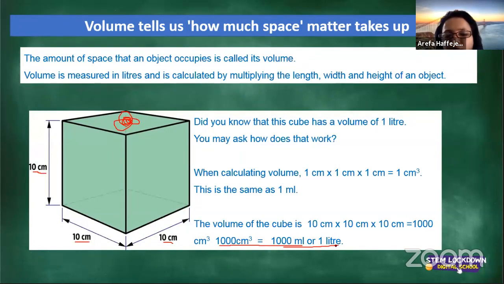Okay, so this is something that you have to learn. I'm just going to write here. My writing won't be very good, because I'm using a highlighter to write. So you have 1 centimeter cubed is basically equal to 1 milliliter.